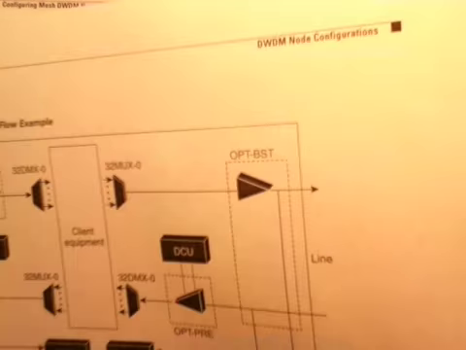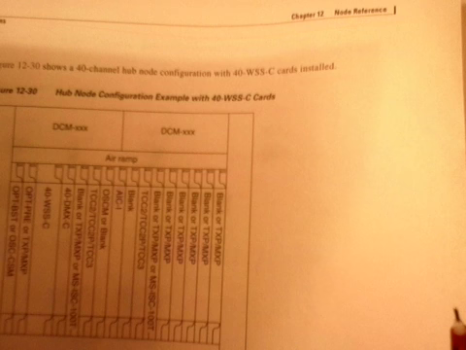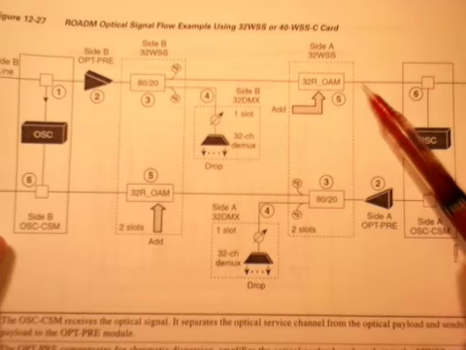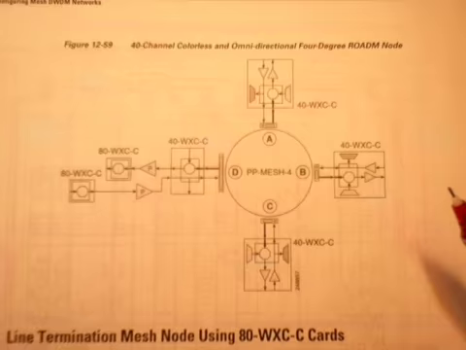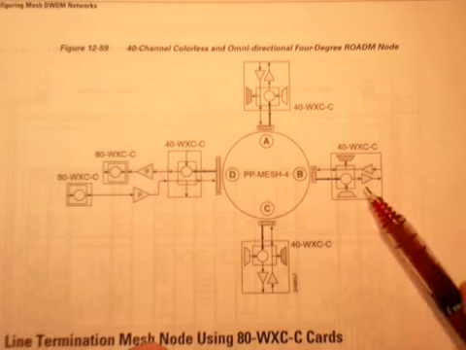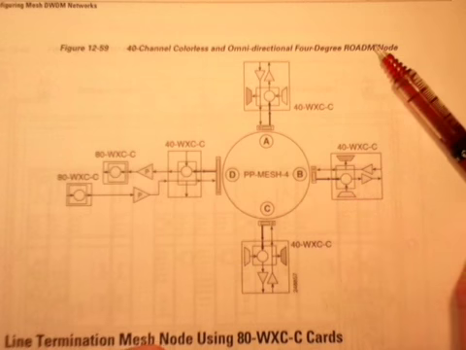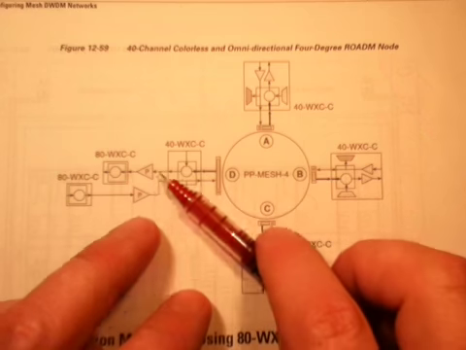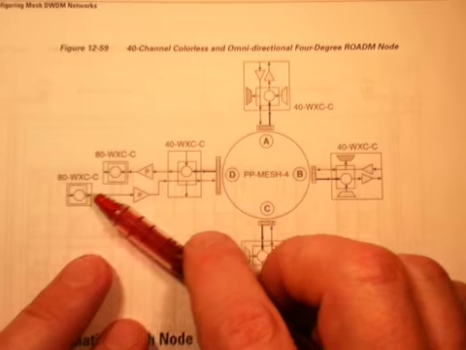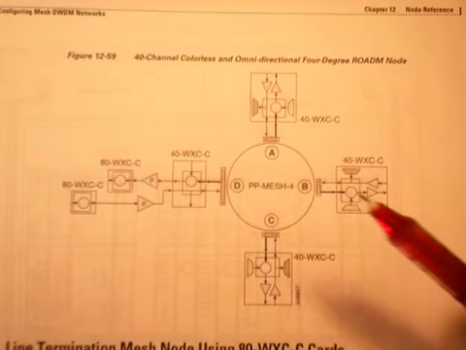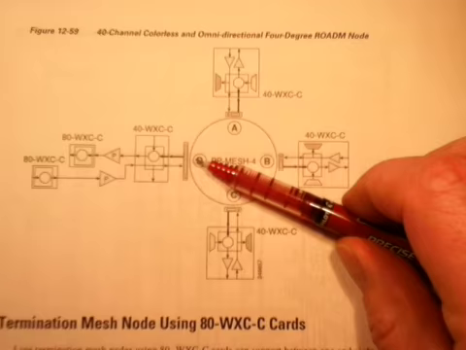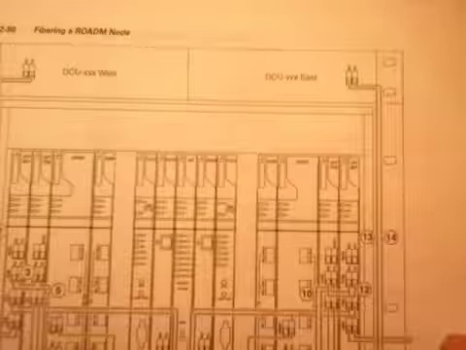So this one that we showed here with the ROADM, this is what is at each of those 4 spots around this ring. Okay, and this enables you to create a mesh network when you add and drop channels and move them over to some other wavelength cross-connect switches. They're not giving you a lot of detail here, but just to show you, they have these types of diagrams in this chapter.